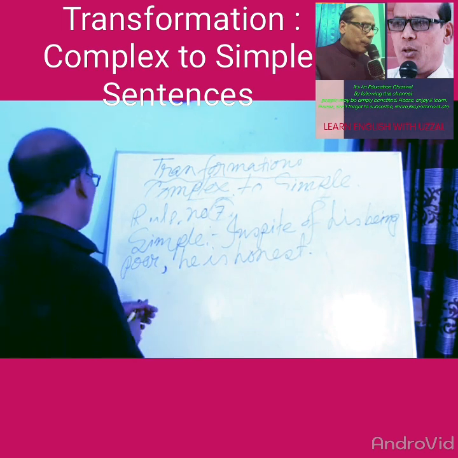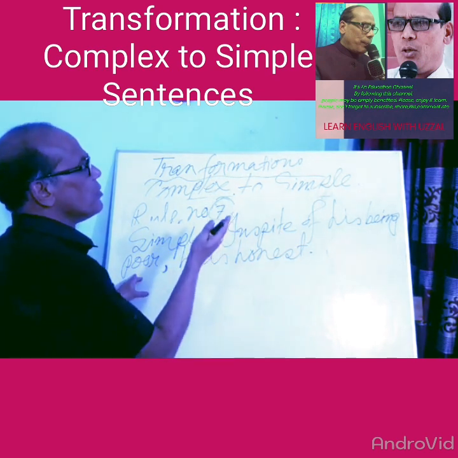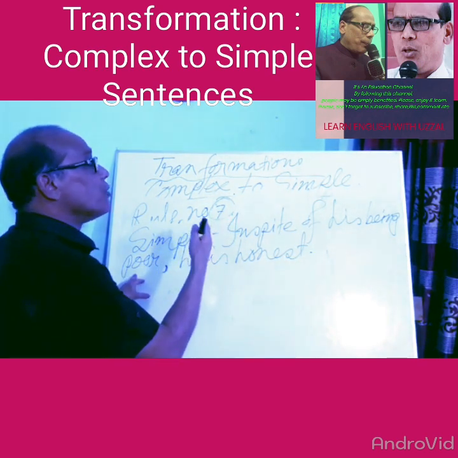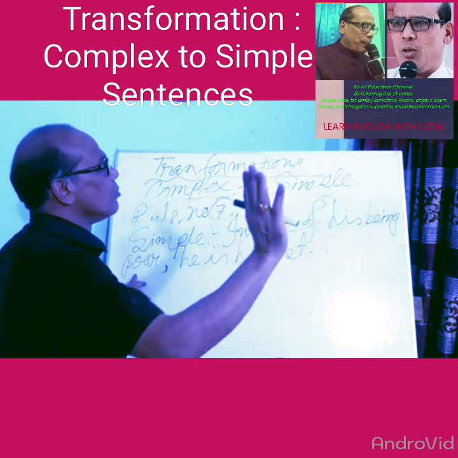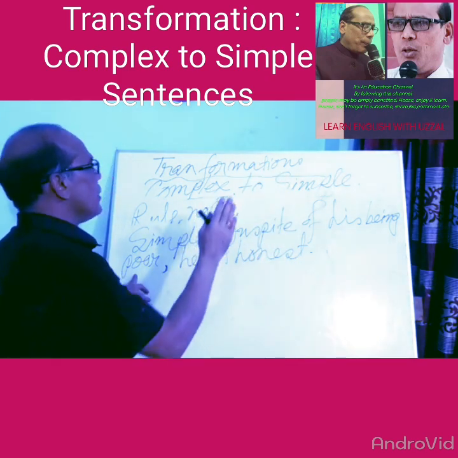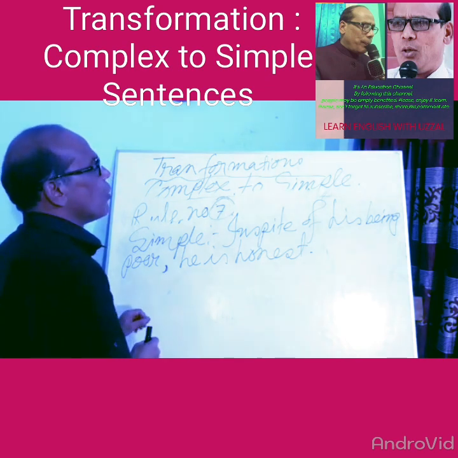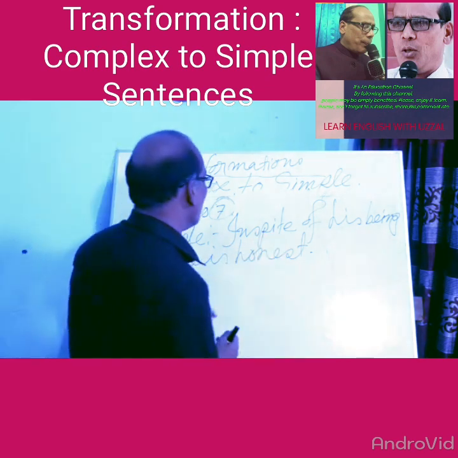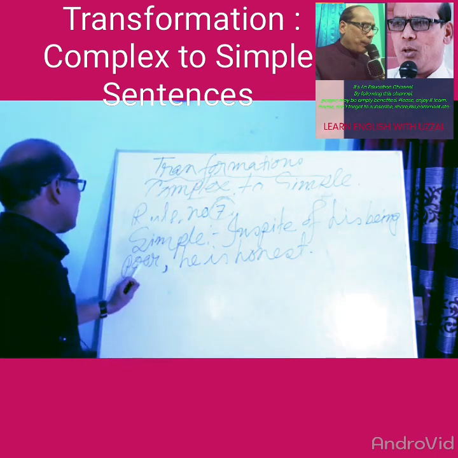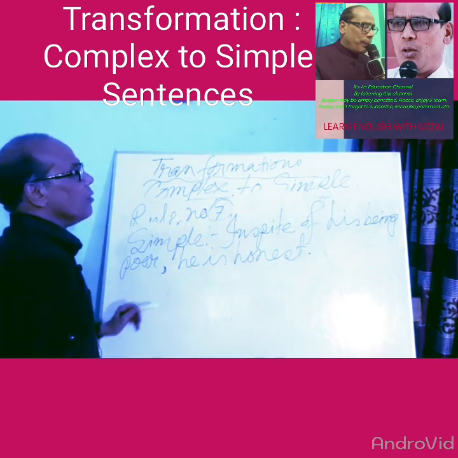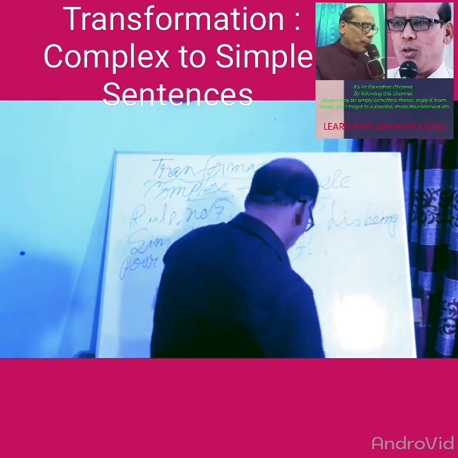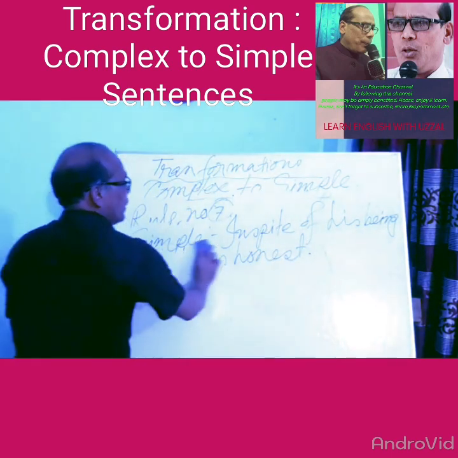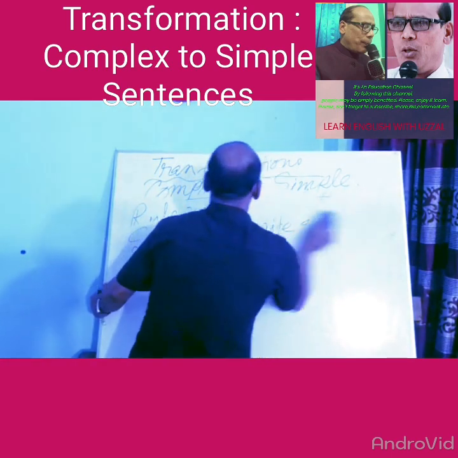In spite of his being poor, or in spite of his poverty. In that case, being will be omitted. In spite of his poverty, or in spite of his poorness, he is honest. If you want to keep the adjective intact, you will have to use being in the place of the to be verb. I think this is clear to you.